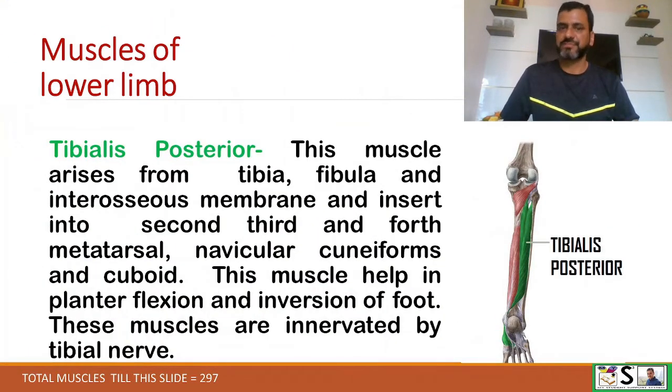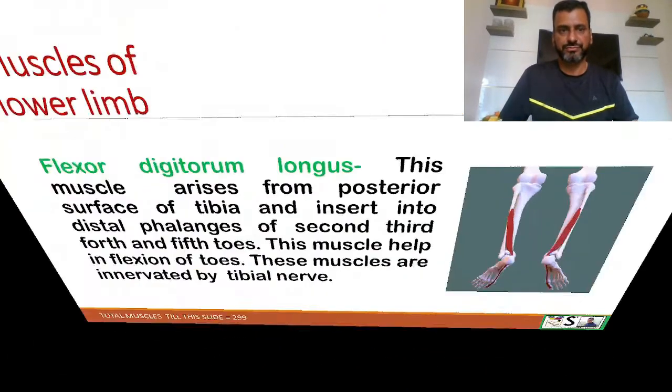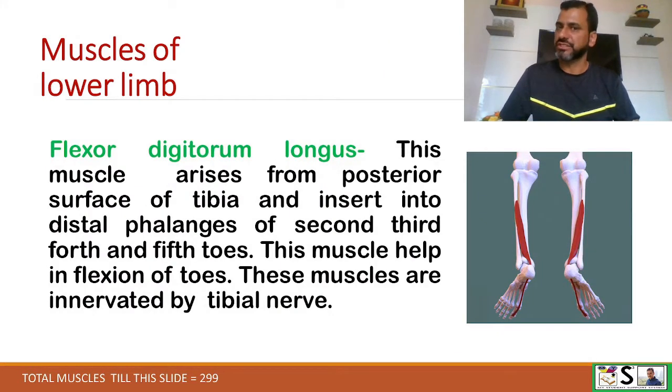Tibialis posterior. This muscle arises from tibia, fibula and interosseous membrane and inserts into second, third and fourth metatarsal, navicular, cuneiforms and cuboid. This muscle helps in plantar flexion and inversion of the foot. These muscles are innervated by tibial nerve. Flexor digitorum longus. This muscle arises from posterior surface of tibia and inserts into distal phalanx of second, third, fourth and fifth toe.